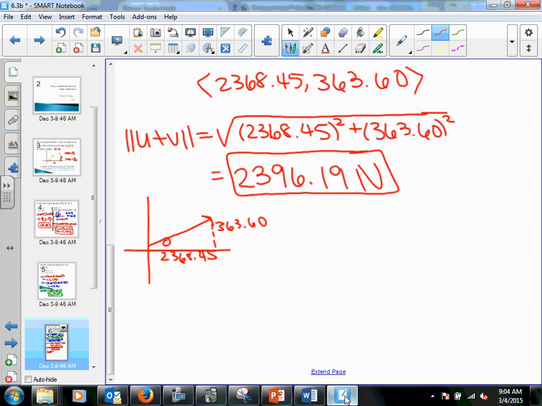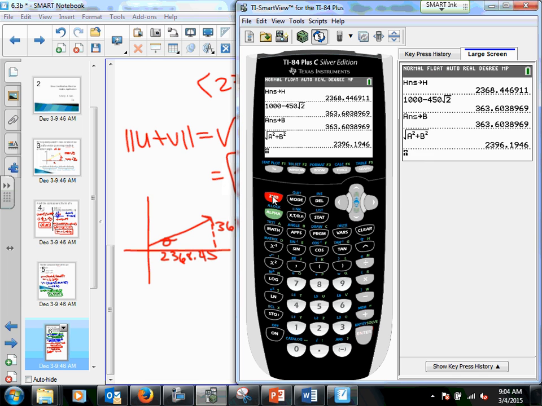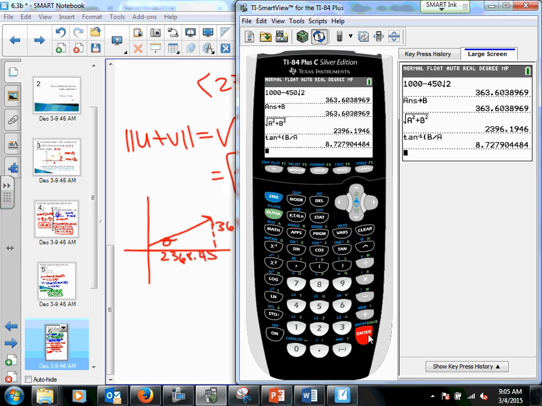So to find our angle, the tangent of our angle is B over A, correct? Instead of having to write all of that down again, we can just go to our calculator and say inverse tangent of B divided by A. And we get 8.73 degrees.